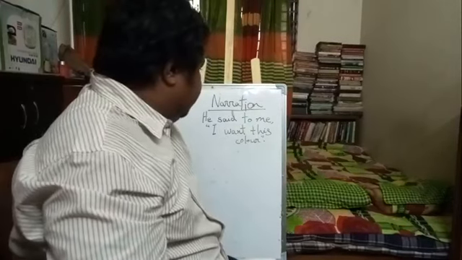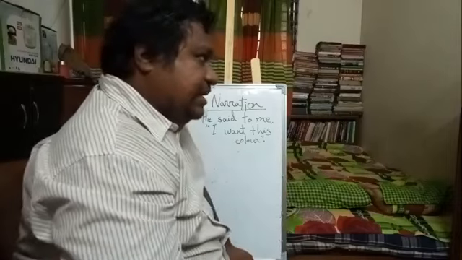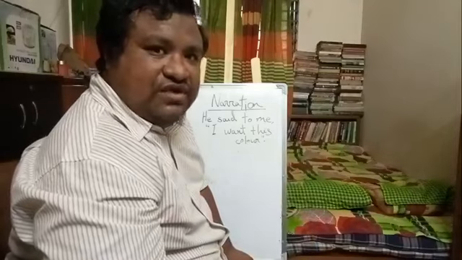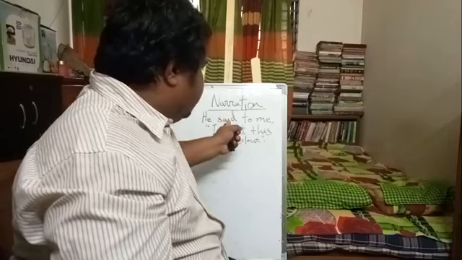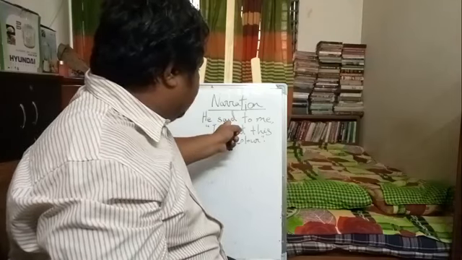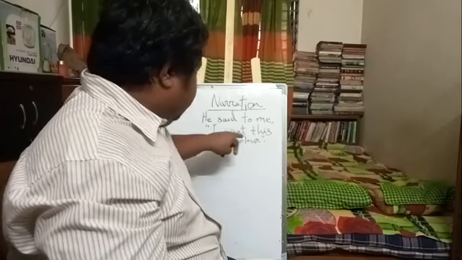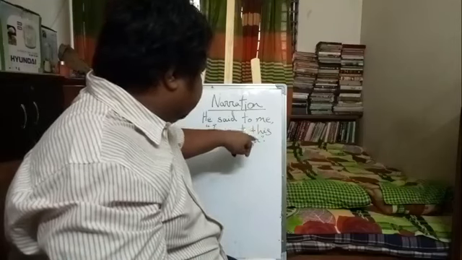When I am changing this narration, at first what we need to know is what is reporting verb and what is reported speech. Reporting verb is the particular verb which is outside of this inverted comma, while the reported speech is the whole speech inside this inverted comma.